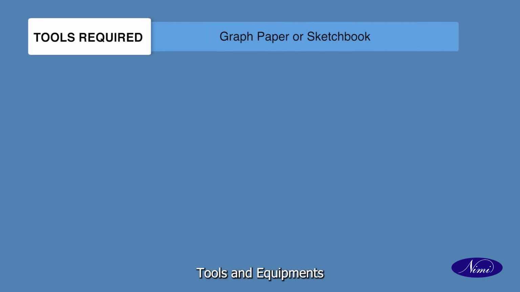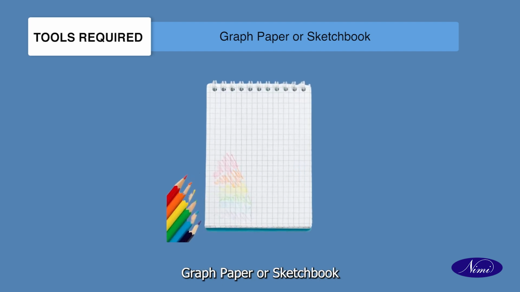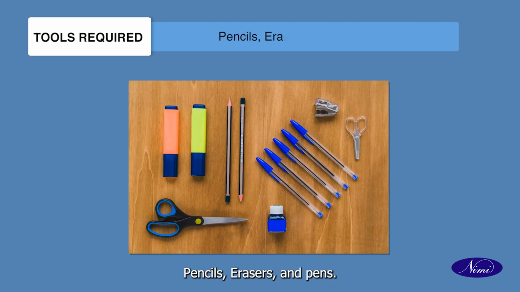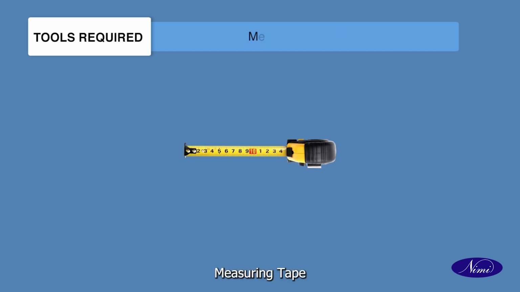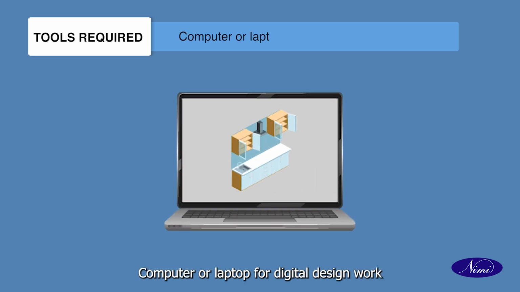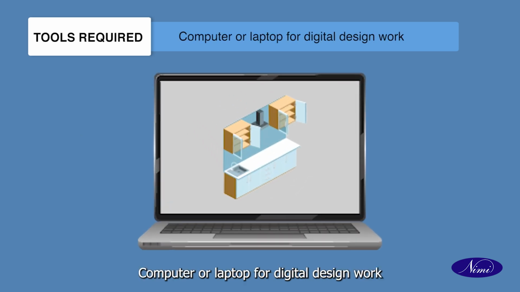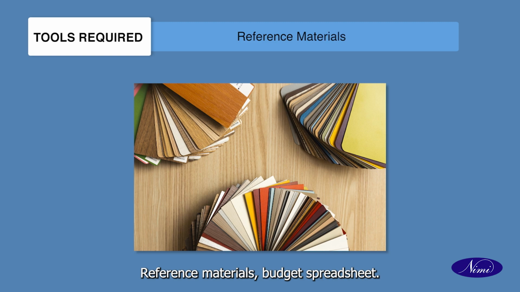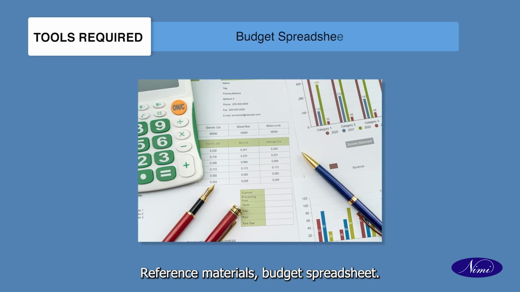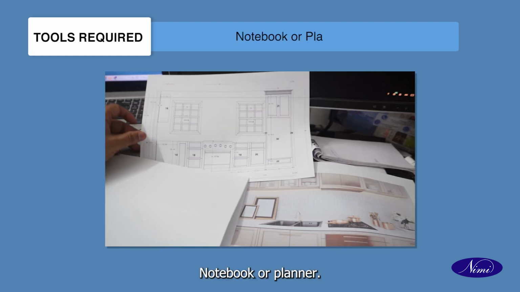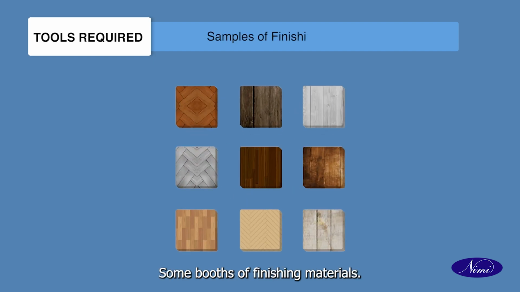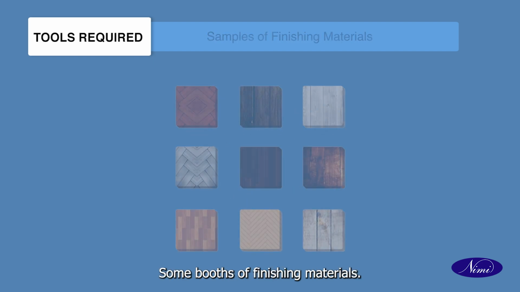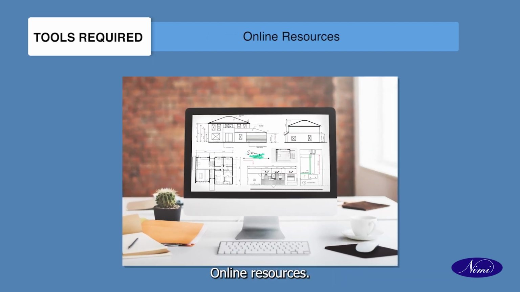Tools and equipments: graph paper or sketchbook, pencils, erasers and pens, measuring tape, computer or laptop for digital design work, reference materials, budget spreadsheet, notebook or planner, samples of finishing materials, online resources.